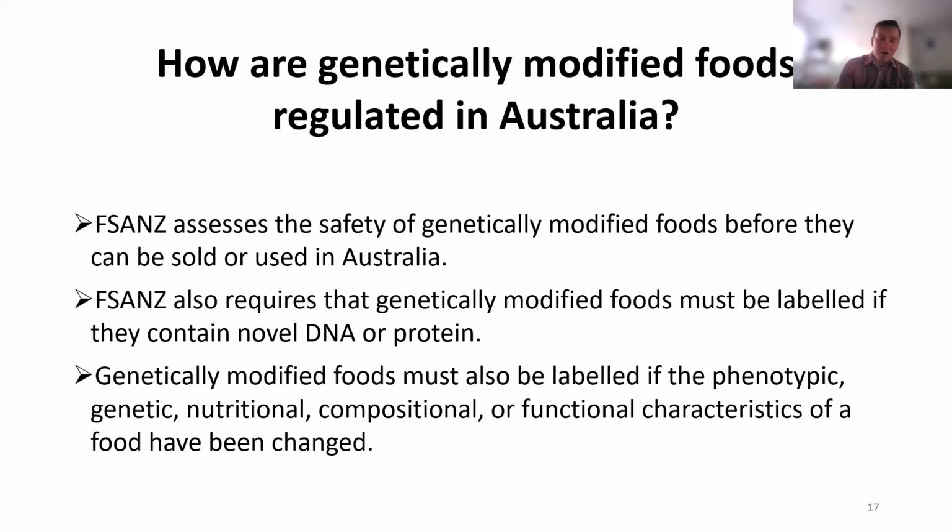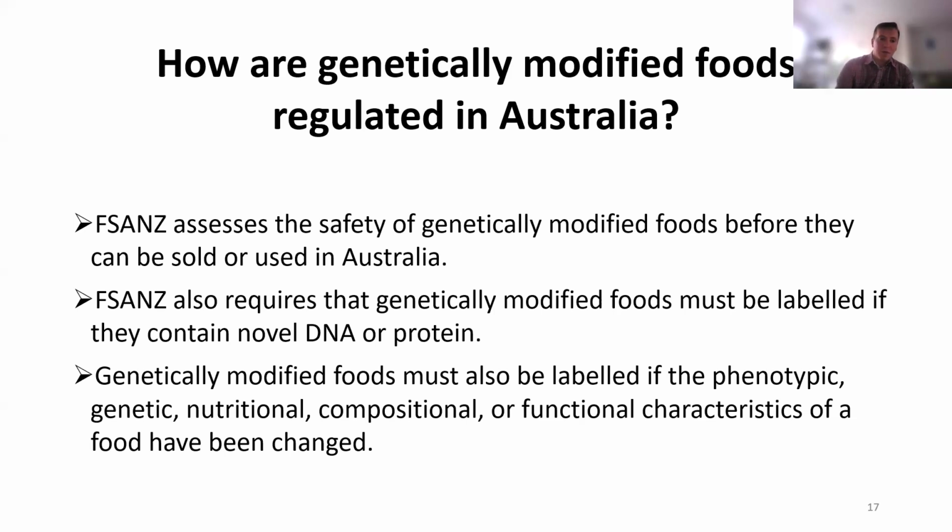After that, FSANZ takes over and regulates foods using their competence. They also have powers in labeling, and they identify needs for labeling genetically modified foods.